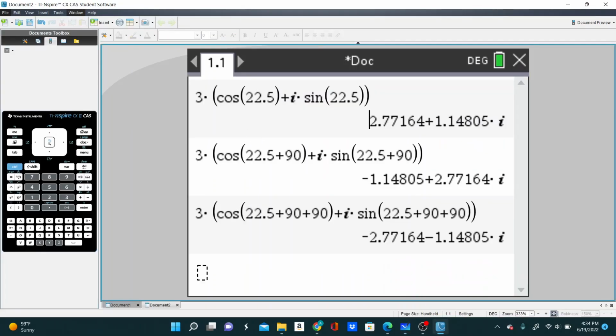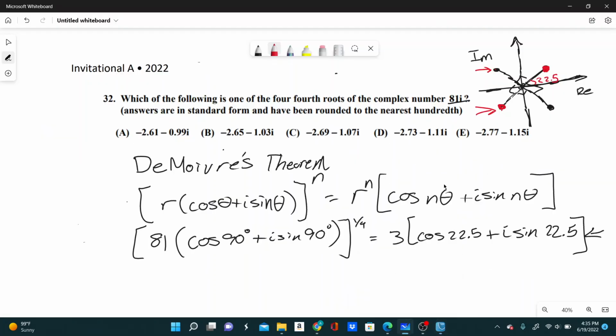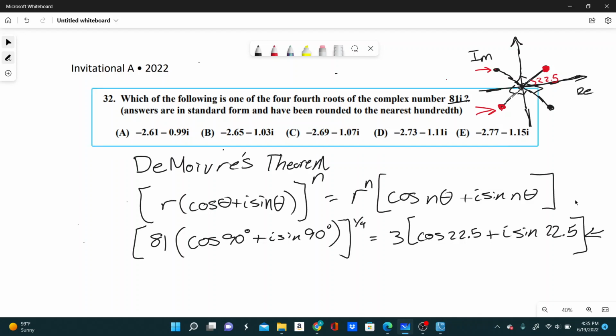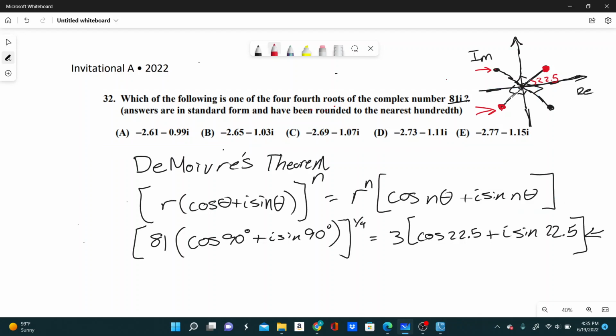Yes, this matches up with answer choice E. And then if we wanted to find the last root, all we would have to do is add another 90 and repeat the process. So instead of cosine of 22.5, we would do cosine of 22.5 plus 270 degrees.